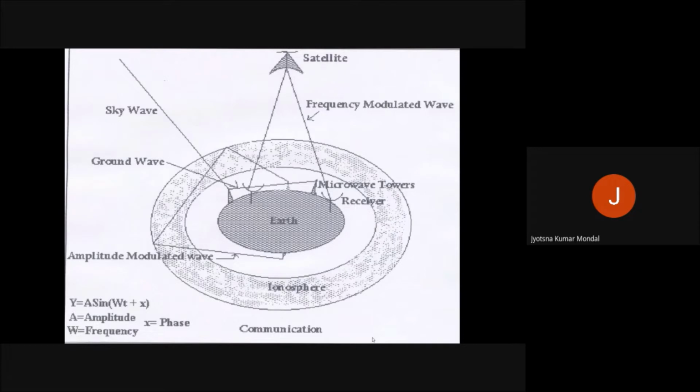That means the number of dots per unit area. That means 1000 dots per unit area, 1 million dots per unit area. That means the density of the dots, the pixels.